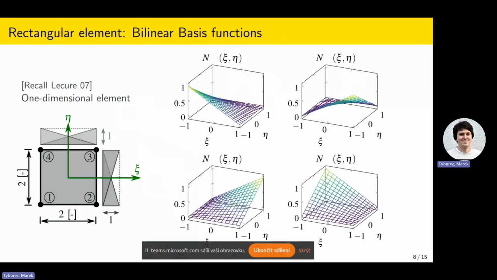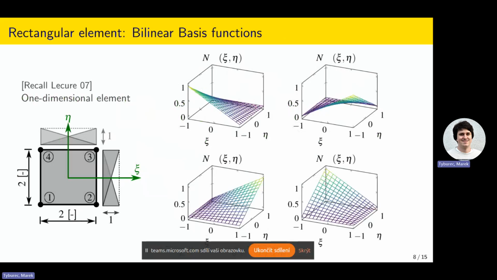Actually, this figure compresses what I tried to draw here for the one-dimensional basis functions. How do we come from these basis functions to these ones? This is hidden in this figure as well. Maybe this is more intuitive.